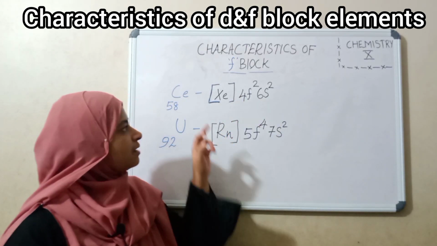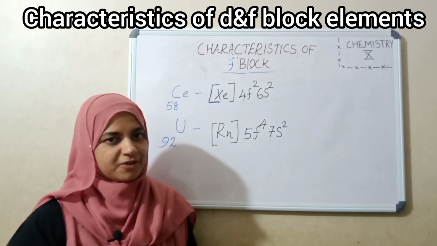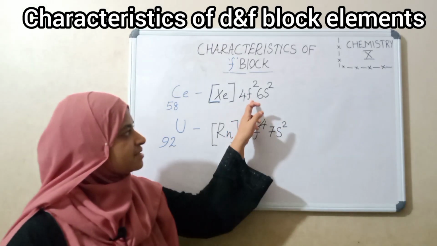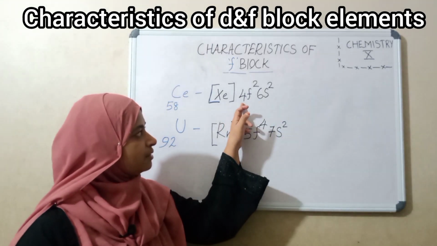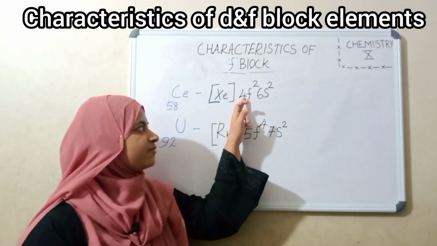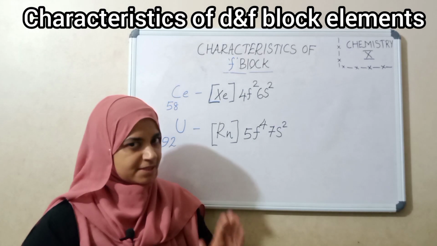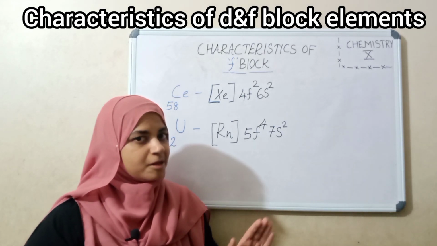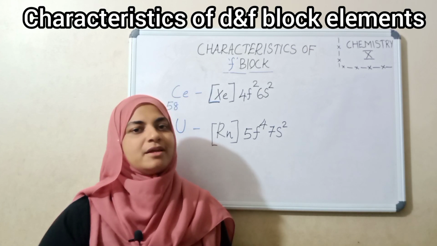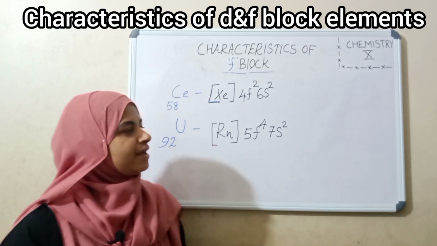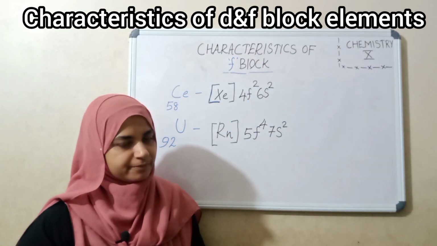We know xenon's atomic number is 54. Then the last electron is included in the fourth shell's f subshell. Here the outermost shell is 6. Then the penultimate shell is 5th. Then the anti-penultimate shell is 4th. Therefore, here anti-penultimate f subshell.